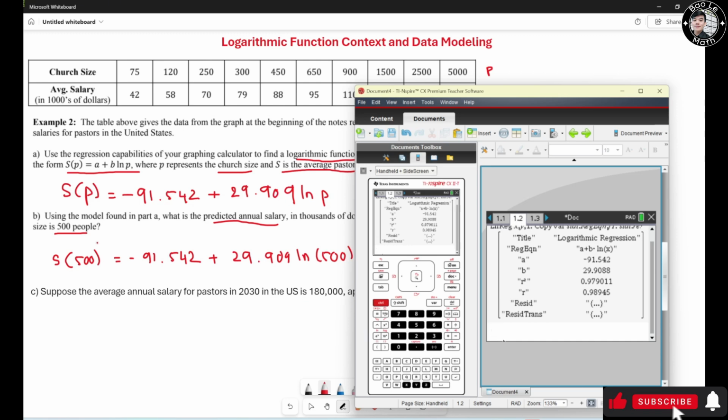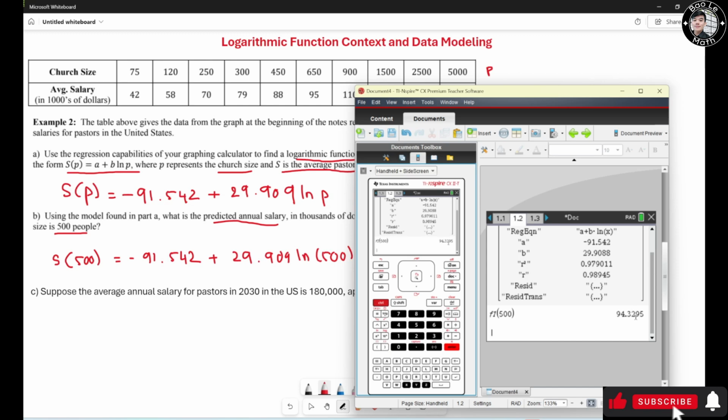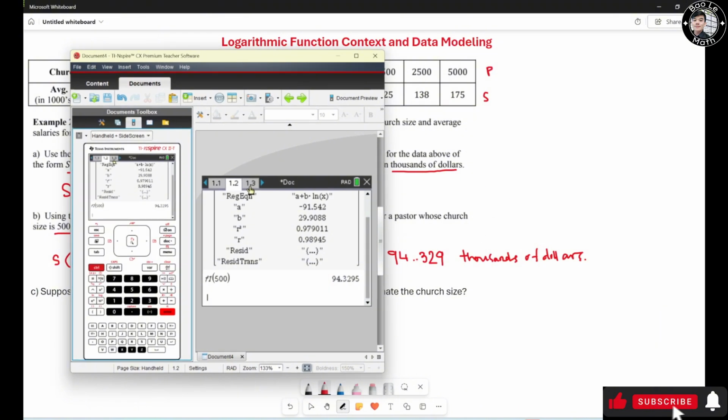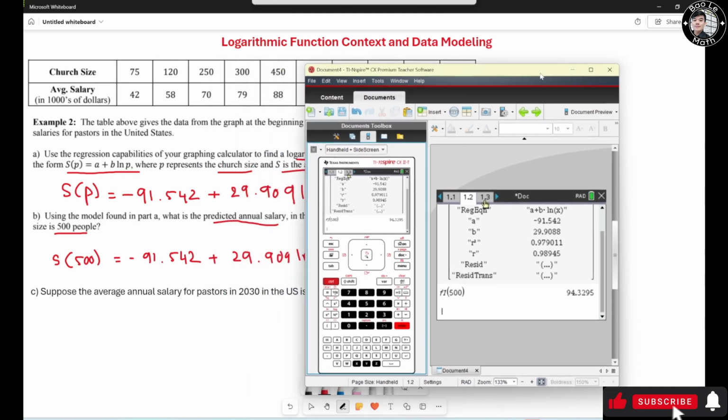Now, in order to find the value for 500 people, you just hit f1, parenthesis, 500, close parenthesis, hit enter. The answer is 94.32, right? So it's going to be right here, 94.32, thousands of dollars. Alright.